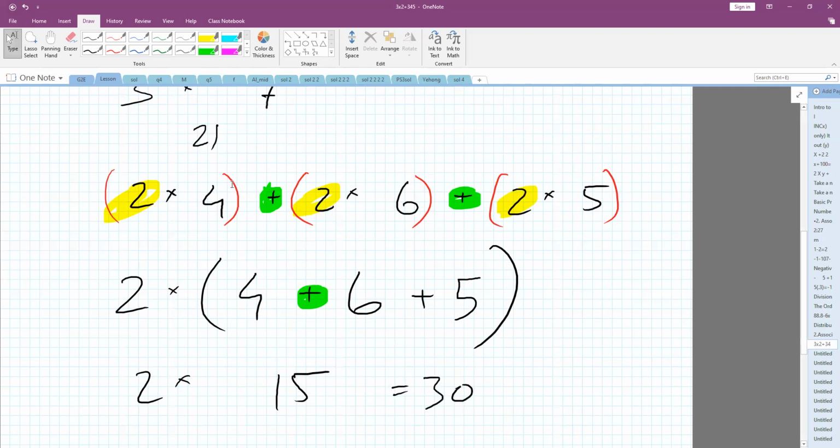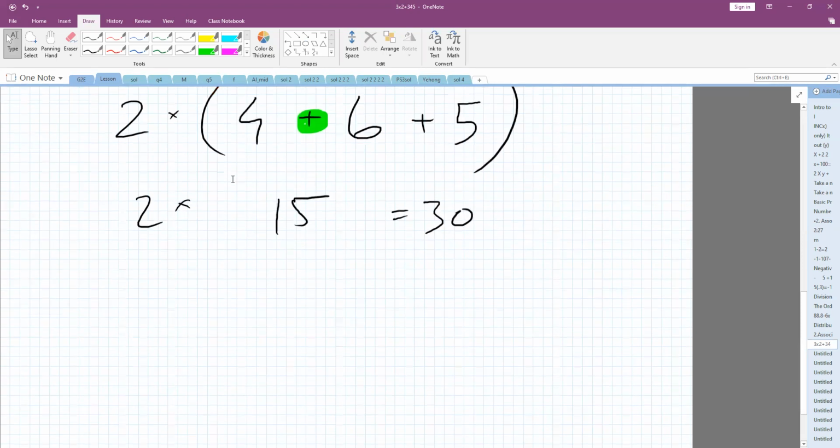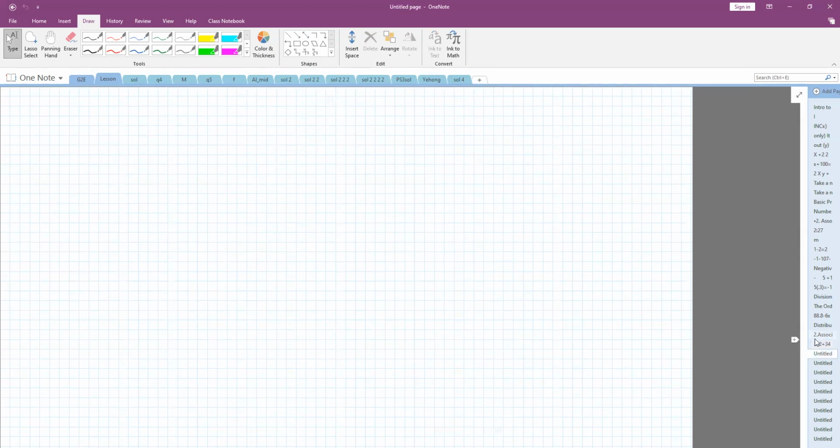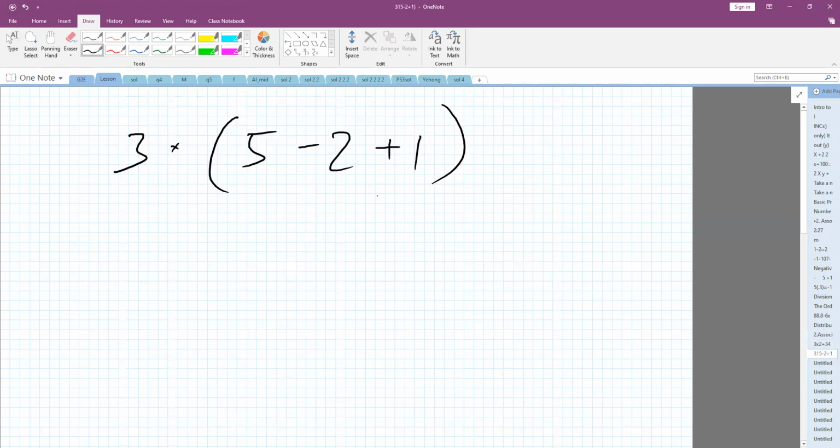Okay, so this is called the distributive law, and actually this is also true for the other way around. For example, when you have 3 times 5 minus 2 plus 1. So what happens is actually when you have something like this, you will now multiply it one by one.